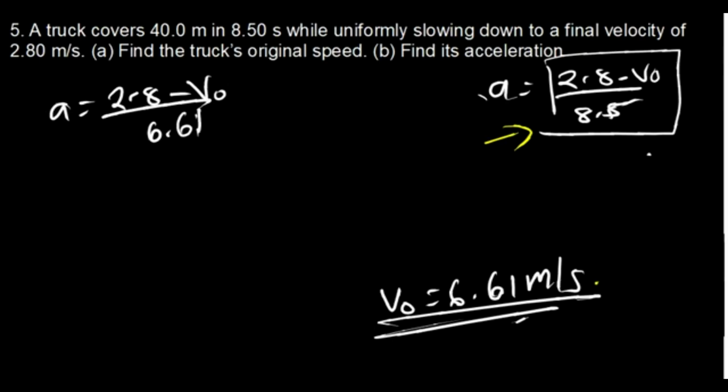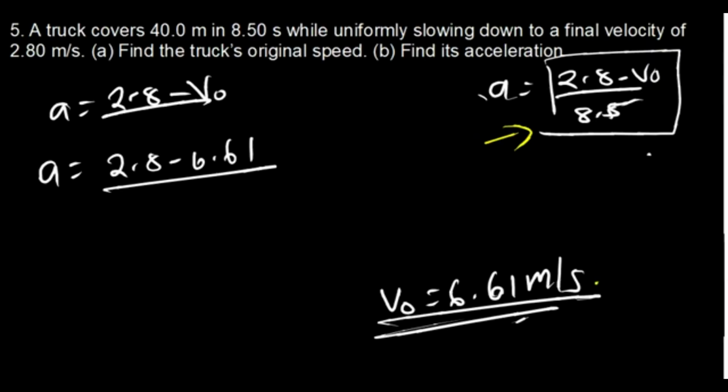Where there is v initial here, we plug in the value 6.61. So acceleration is going to be equal to 2.8 minus 6.61, and we divide everything by 8.5. So what is 2.8 minus 6.61?